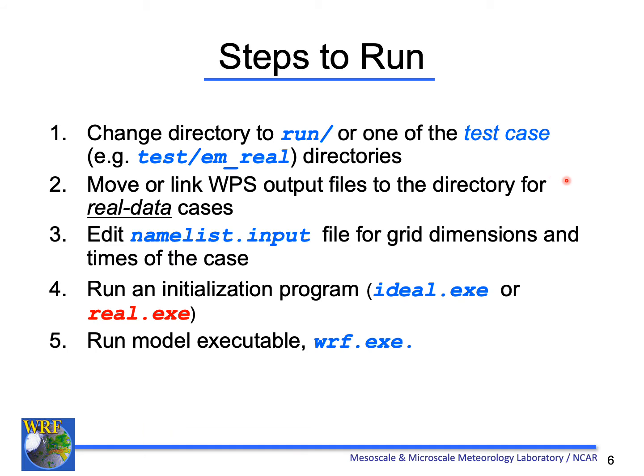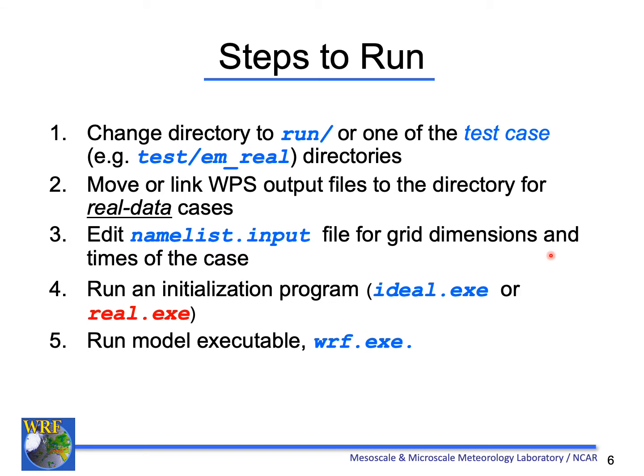This slide lists the steps to run the model. First, change directory to run or one of the test case directories. If we are running the model for real atmosphere, we'll make the files from WPS available in the working directory. This is done by moving or linking the files from the WPS directory.